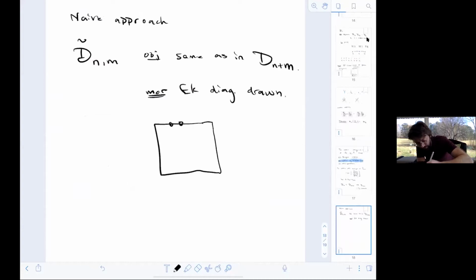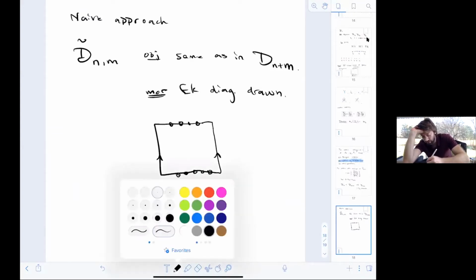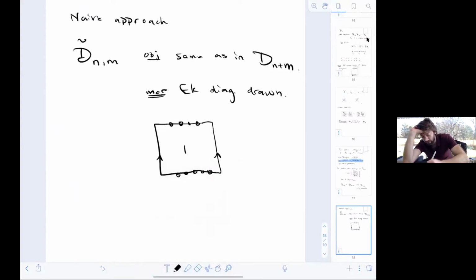So still you have the top boundary and the bottom boundary, which are just arbitrary objects in this category. And now you identify this edge with that edge, with one caveat. So you draw some possibly crazy Elias-Khovanov diagram here. This picture is uncolored, I'm sorry. You allow your diagram to run around the back of the cylinder.